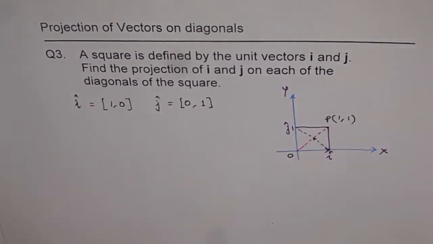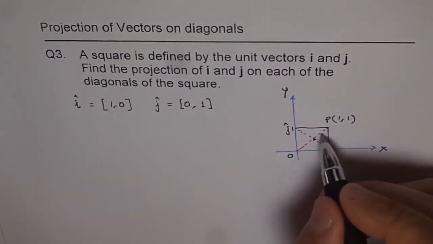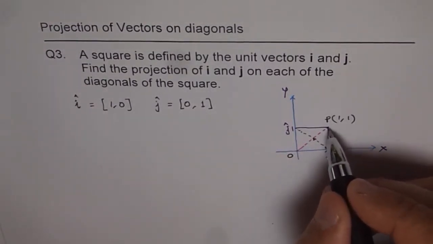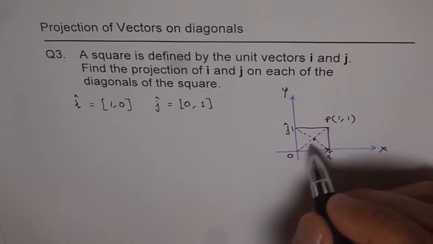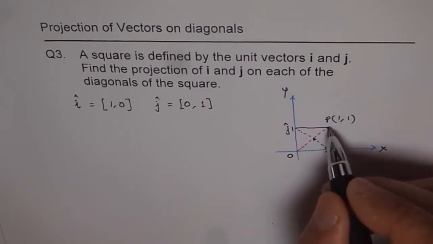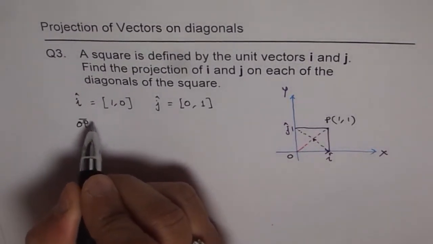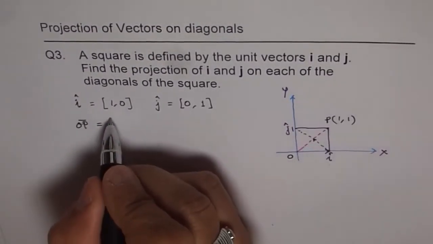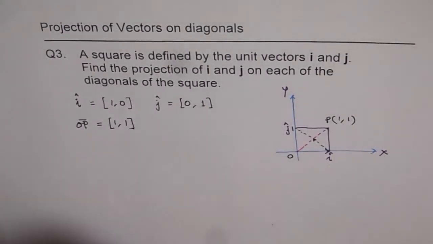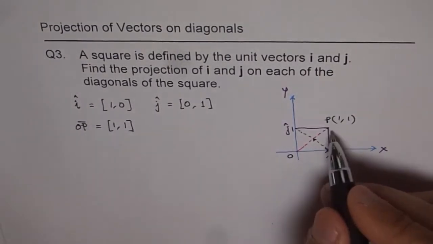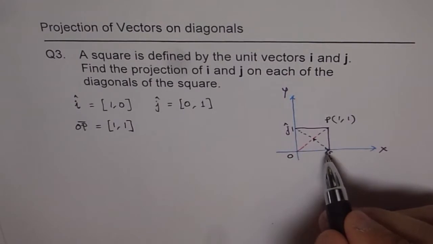So we got two vectors. Now what is this vector? Diagonal. So the diagonal vector we are talking about is OP for the time being. So we say OP is (1, 1). Correct? So let's work with OP first and then we'll find what is this diagonal, right?